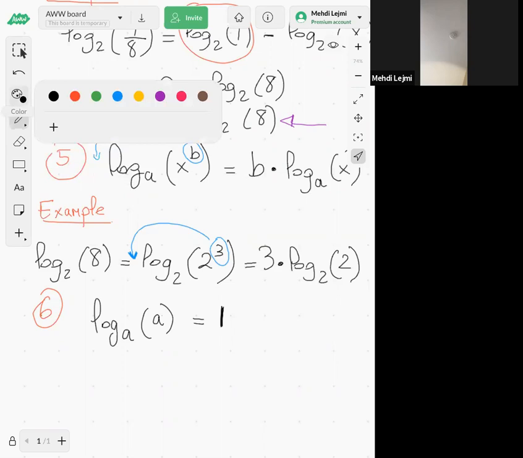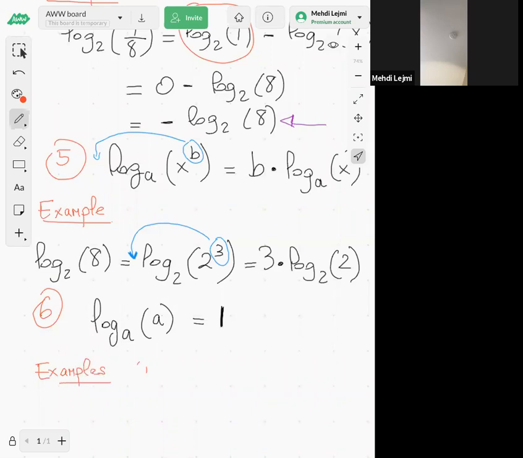For example, log in base 2 of 2 will be equal to 1.